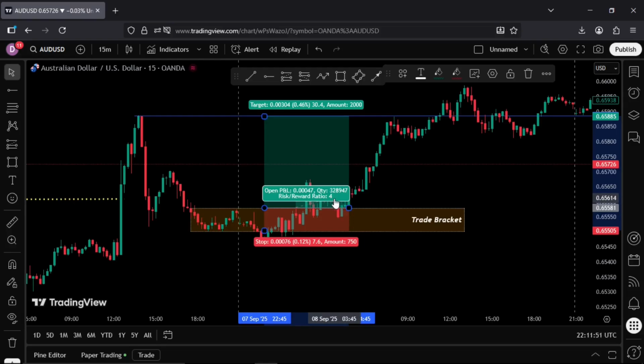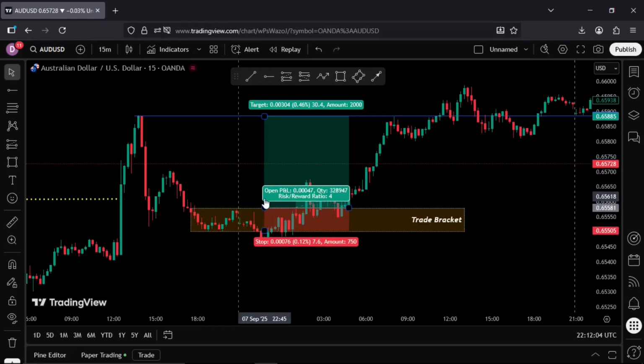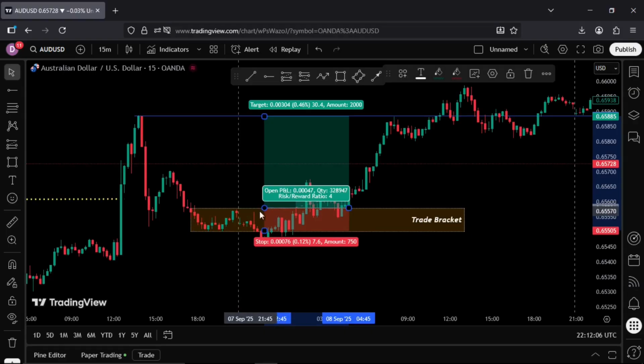So this right here is more than what we are looking for, because remember, we're looking for at least a 1 to 2 risk to reward ratio. So this right here says 4. This is what I was trying to explain to you. If I draw it from the last lower high to be broken to the last lower low to be made, it will have a higher risk to reward.